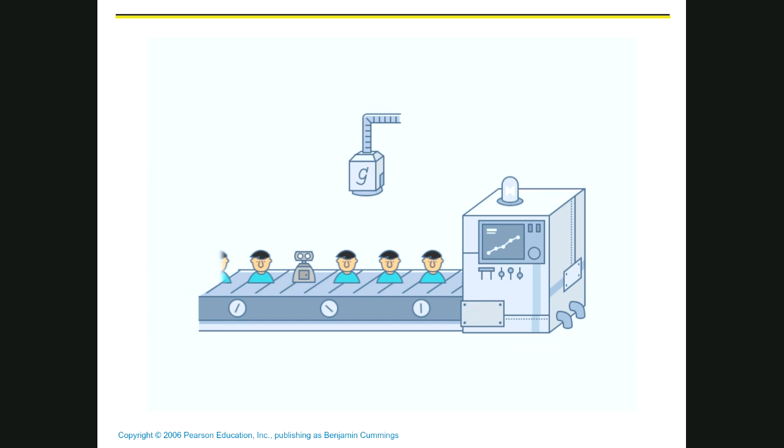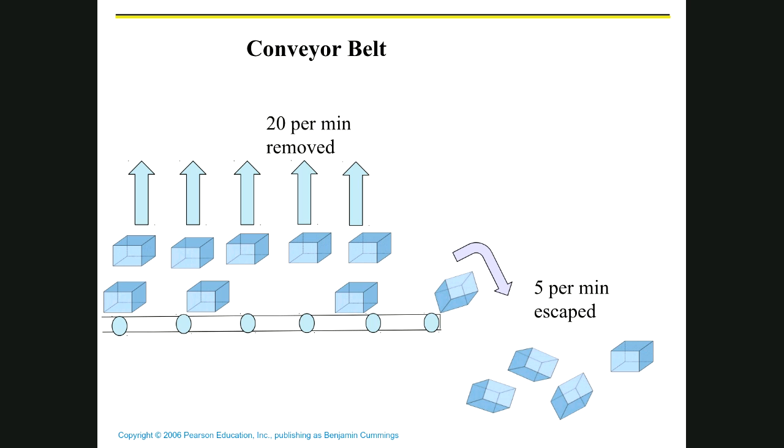But basically, it's the same thing. These carriers remove the sodiums at a set rate. So if I know what that rate is, it's 20, and I know how many escape, I can figure out the speed at which it's going. I can figure out the GFR.